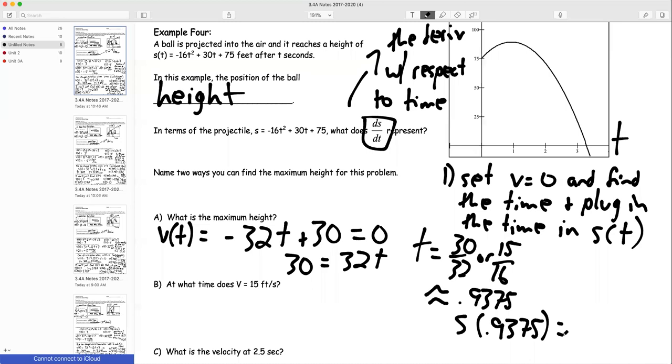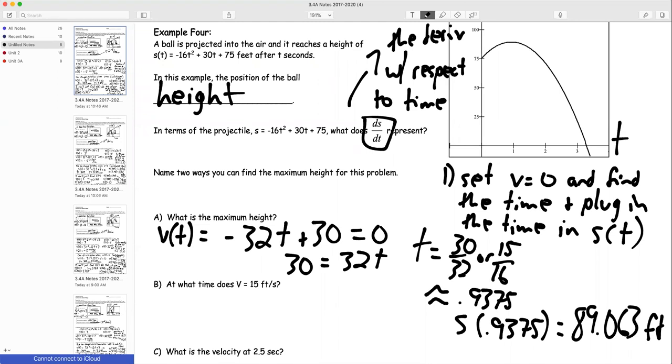Can somebody help me out? What'd you get? I got 89.063, and that's measured in feet.